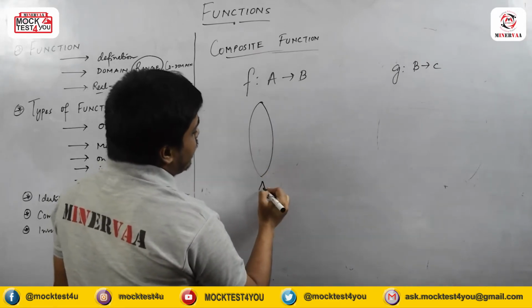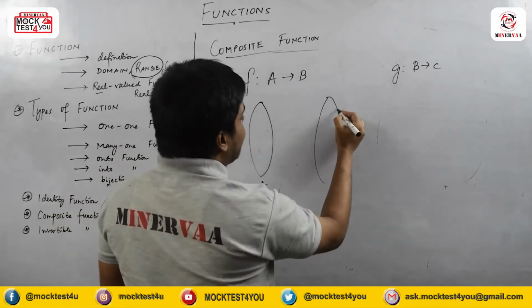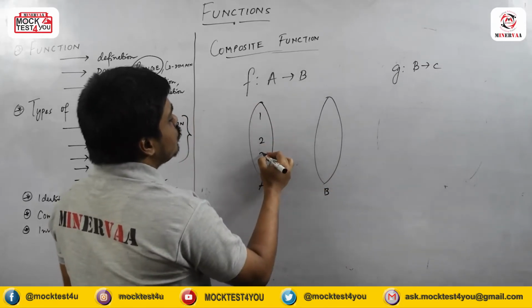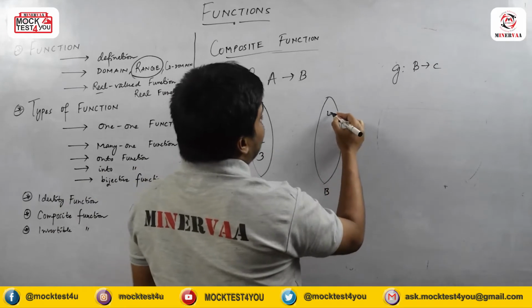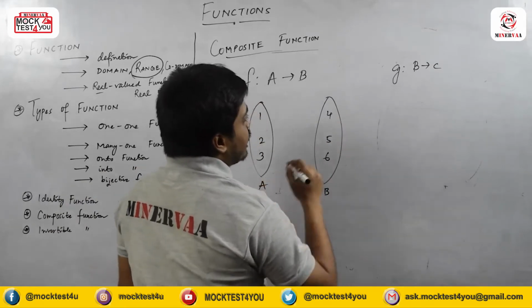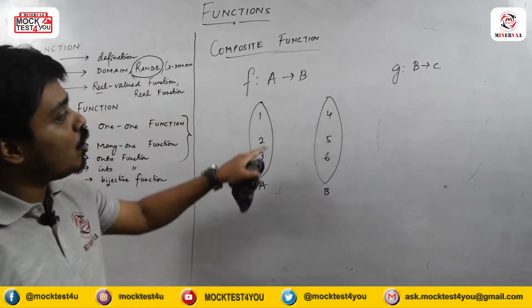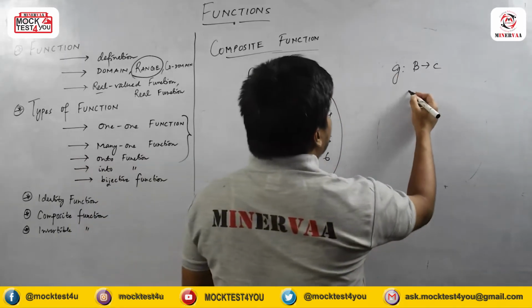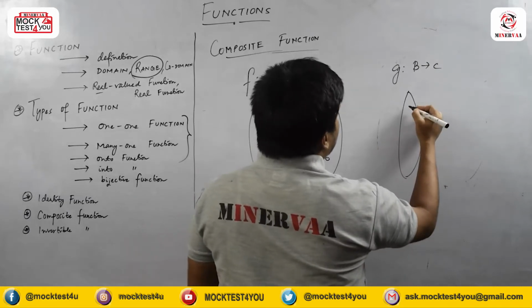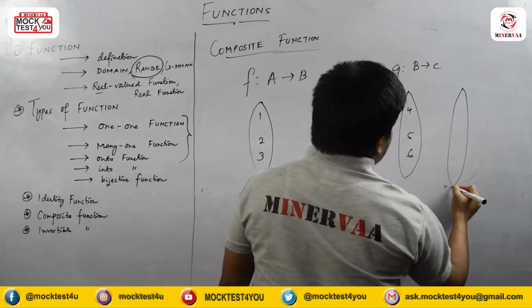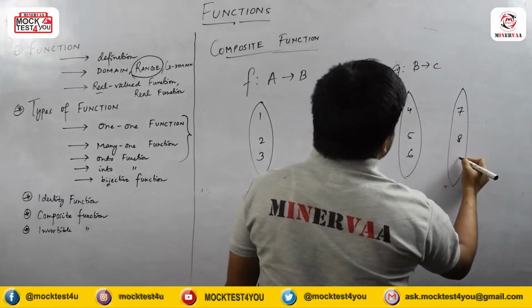Suppose I have A here and B here, and the elements of A are 1, 2, 3. The elements of B are 4, 5, 6. Here B is the same set, so here also B has 4, 5, 6. And C, let me write it to be different, 7, 8, 9.